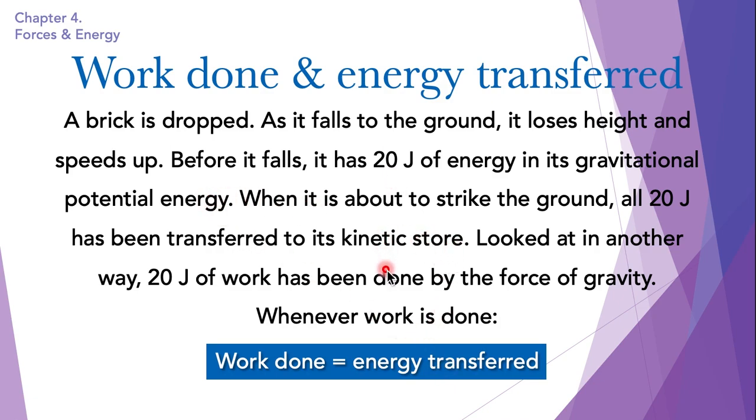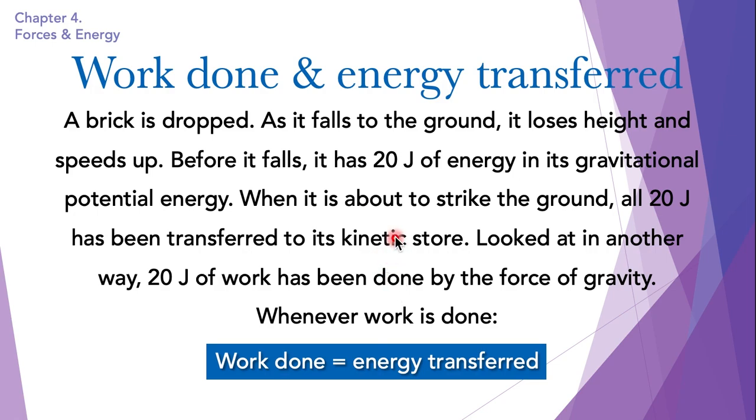So when the work was done by gravity, of course it was gravity which was moving the object downwards, the work done was equal to energy transferred, because energy that was transferred was 20 joules. From the gravitational potential energy, it got transferred to the kinetic energy.